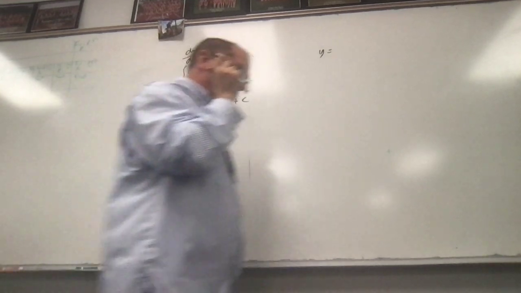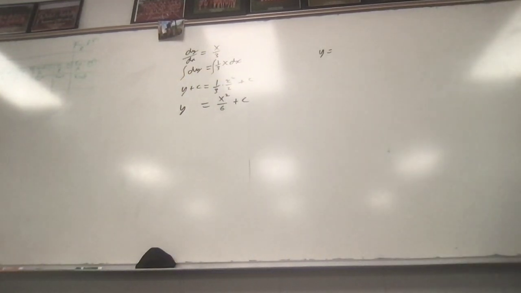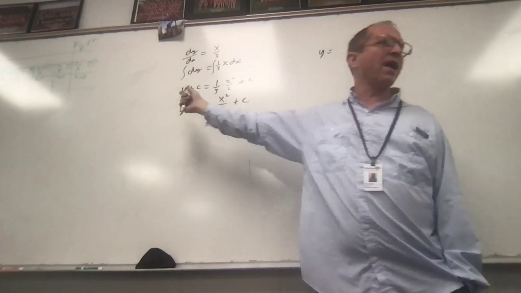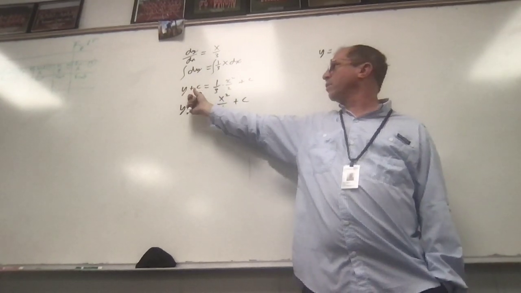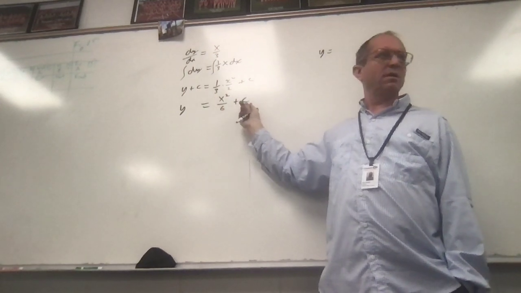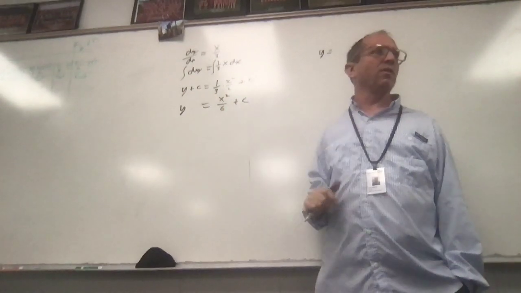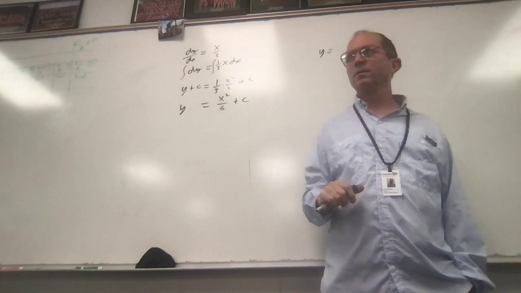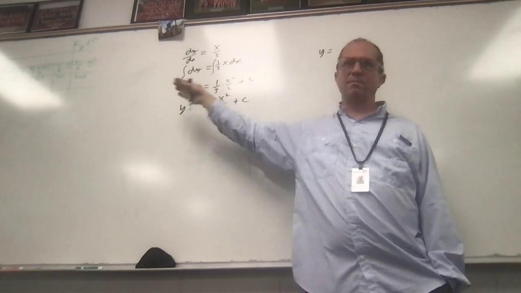And this is going to happen in all of these problems in AP Calculus. So from here on out, we're not going to show this y plus c. We're just going to let this c be represented on the left-hand side, okay? So that's the last time you'll see me do that.